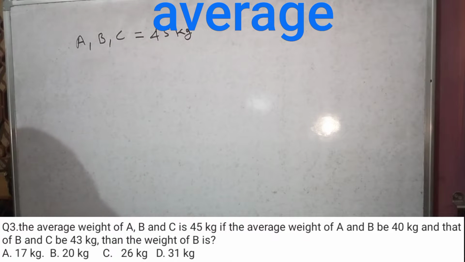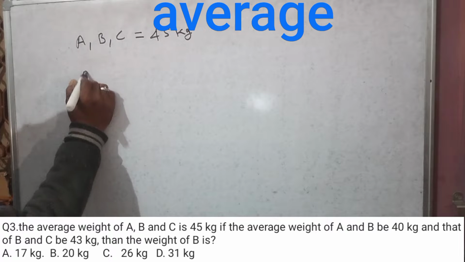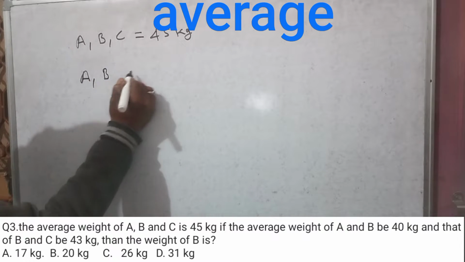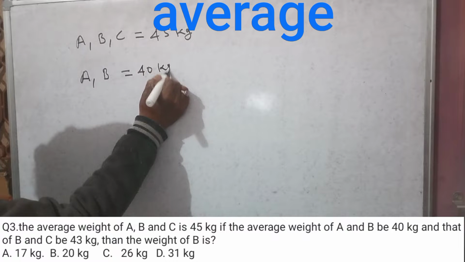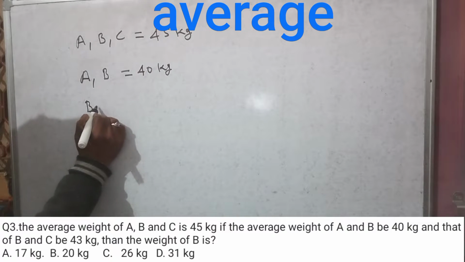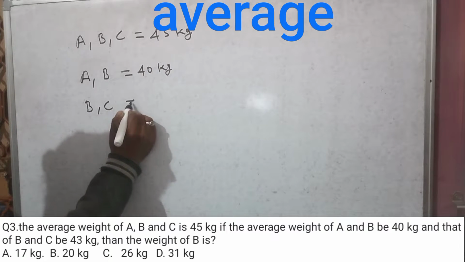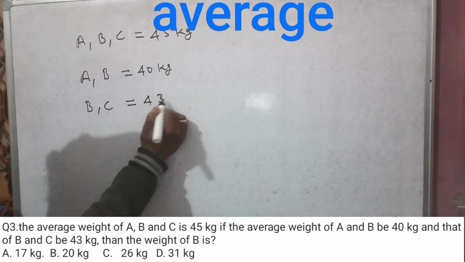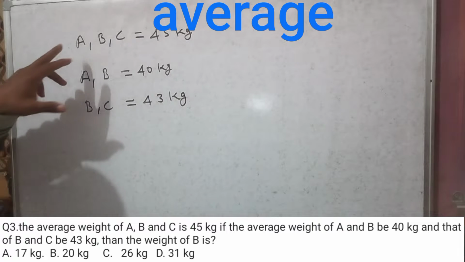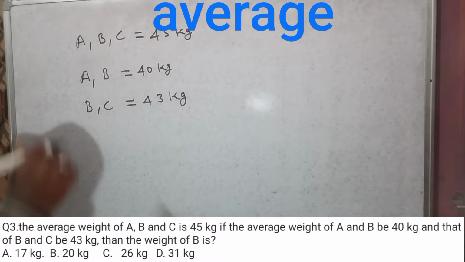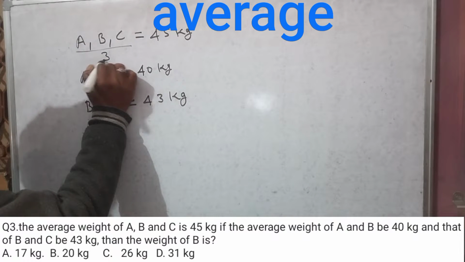Now see here, A and B is 40 kg, A and B is equal to 40 kg, and B and C is equal to 43 kg.